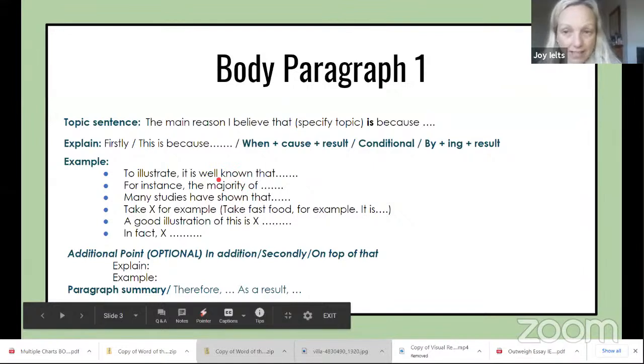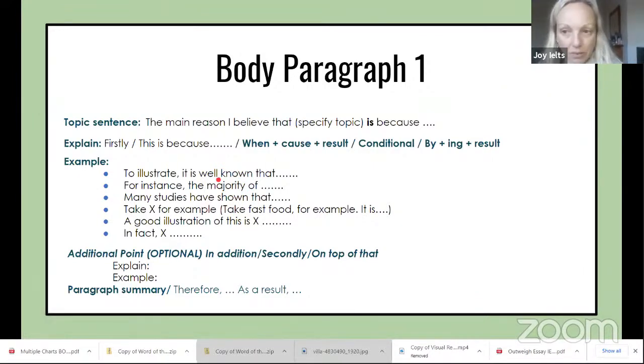So if you don't have an example, you don't have to give an example, but you do have to explain your idea. So any questions so far? We're now going to do this, how to explain our ideas. Okay, all good so far?